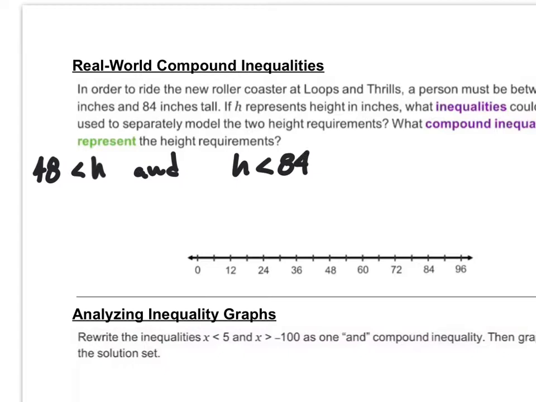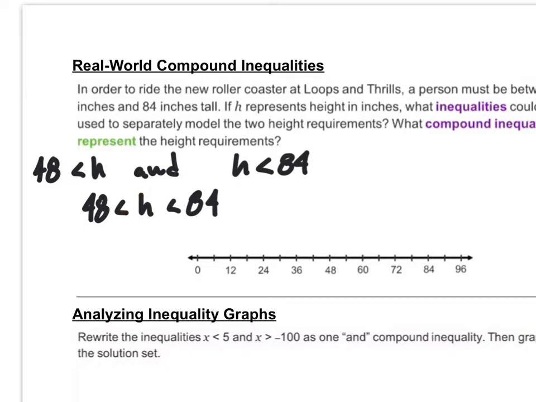Now as a compound inequality, you can say the word "and", but we really want to say 48 is less than h is less than 84. I like writing it like this because it allows me to see that h is going to be greater than 48, but at the same time smaller than 84. So it's nice to know that h is just between these two numbers.